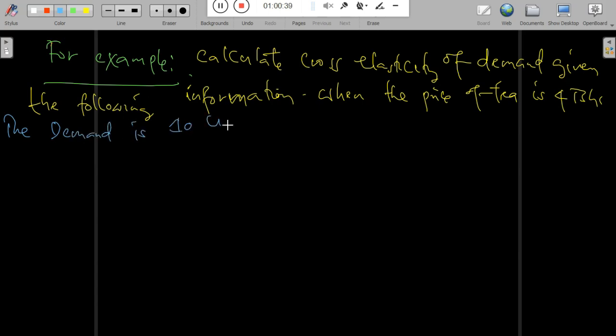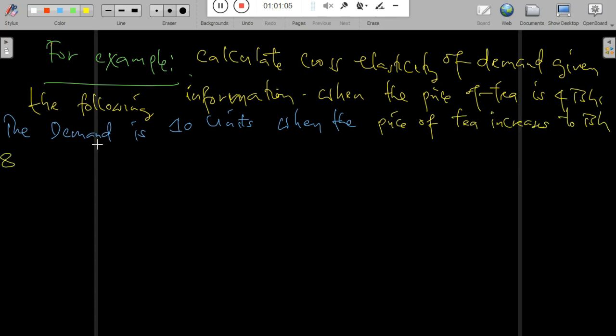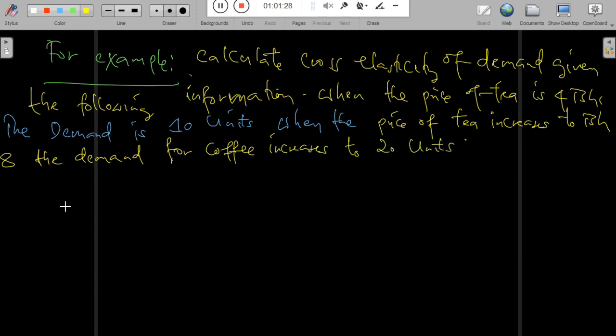When the price of tea is 4 Tanzanian shillings, the demand for coffee is 10 units, but also when the price of tea increases to 8 Tanzanian shillings, the demand for coffee increases to 20 units.